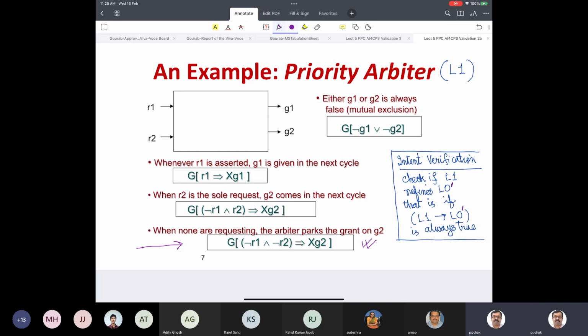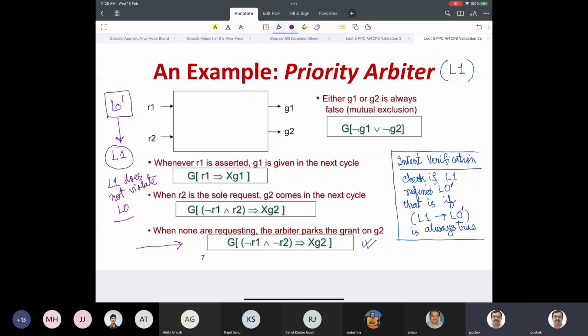No. That means I had my L0 dashed and I have refined it to make L1, but L1 does not violate L0. So this is the intent verification step.